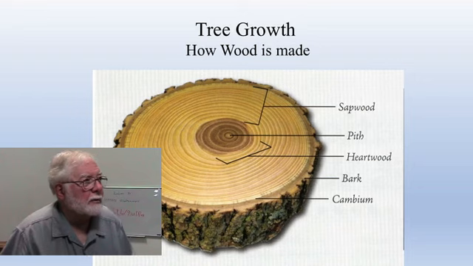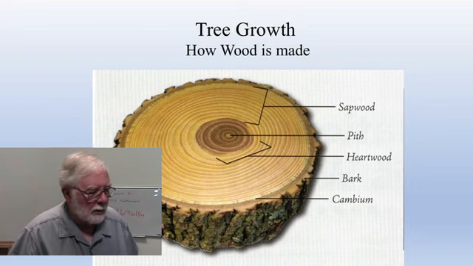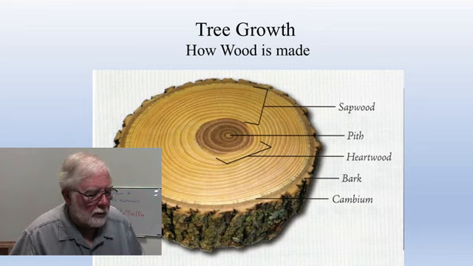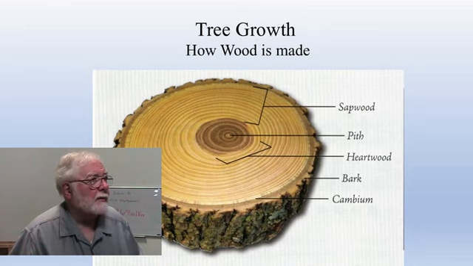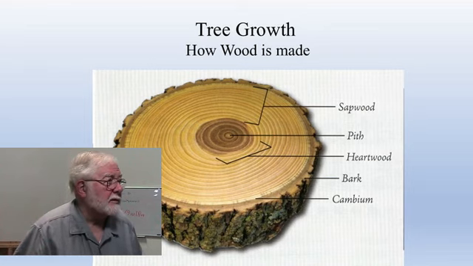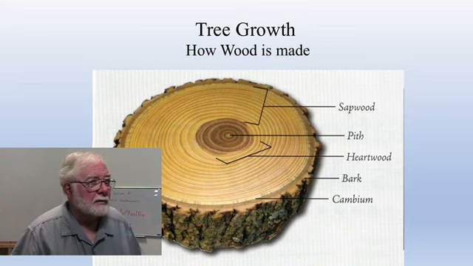It's living, but it's not really growing anymore. And the sapwood, the next layer out, is growing, and kind of like a skin, the cambium layer just beneath the bark is where all the living is. That's the brains of the tree. That's where it's amazing.